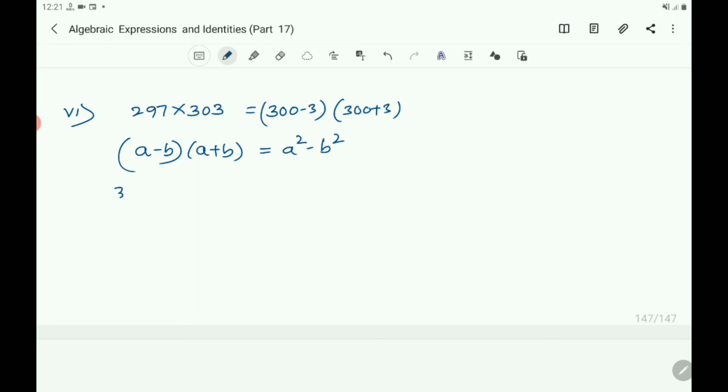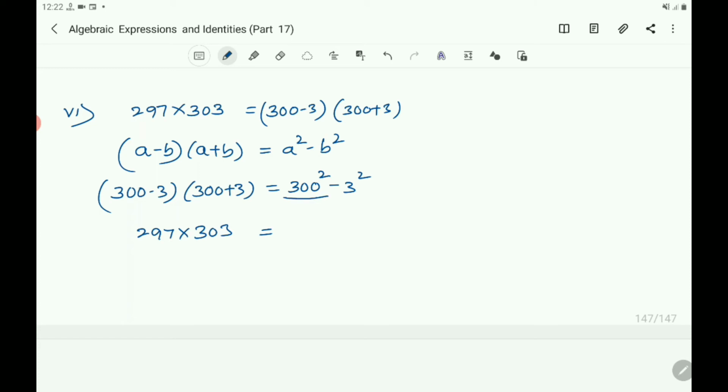Then it is 300 minus 3 into 300 plus 3 equals 300 square minus 3 square, because in the place of a there is 300, in the place of b there is 3. So 297 into 303 equals 300 square minus 3 square.